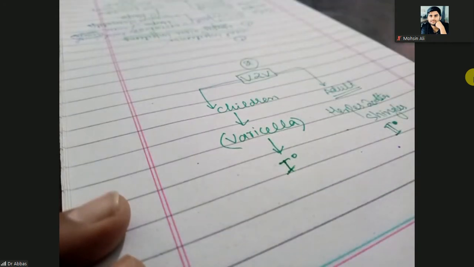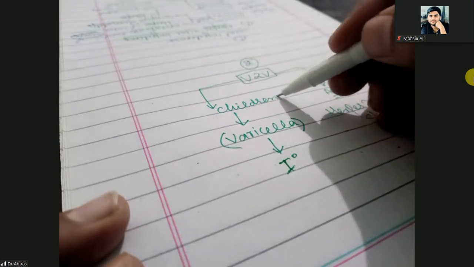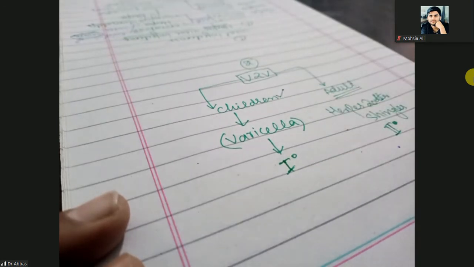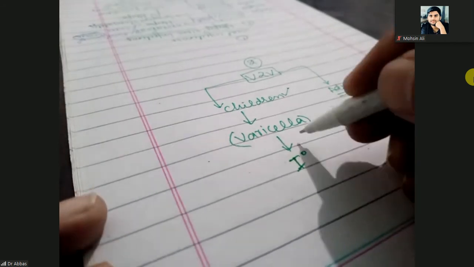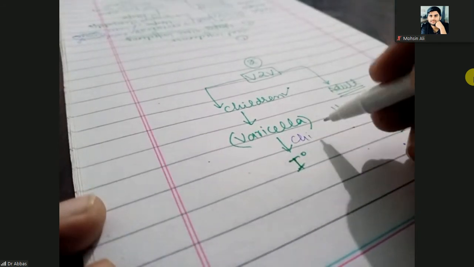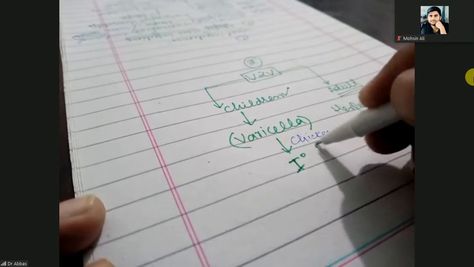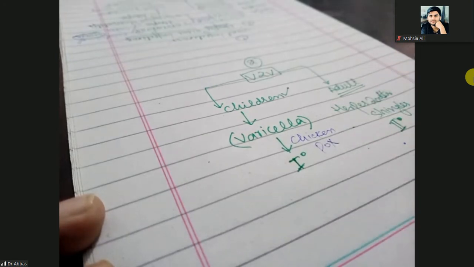When the varicella zoster virus primarily infects children, the infection is known as varicella, and another name of varicella is chickenpox.